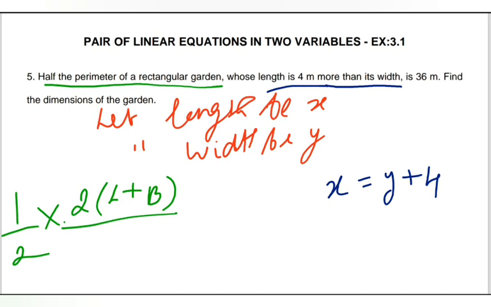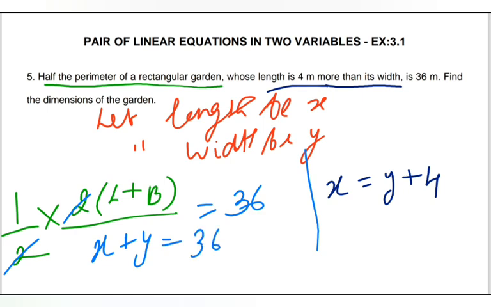So the half perimeter is equal to 36. So this is our required equation. If we cancel the 2 and 2, they will be cancelled. So x plus y is equal to 36.